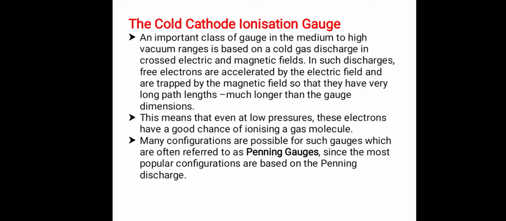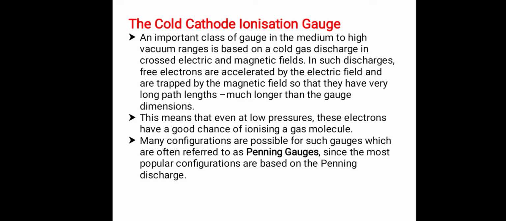Means as this is a cold cathode, at very low temperature there is still a maximum probability of ionizing the gas molecules due to the presence of electric as well as magnetic field.